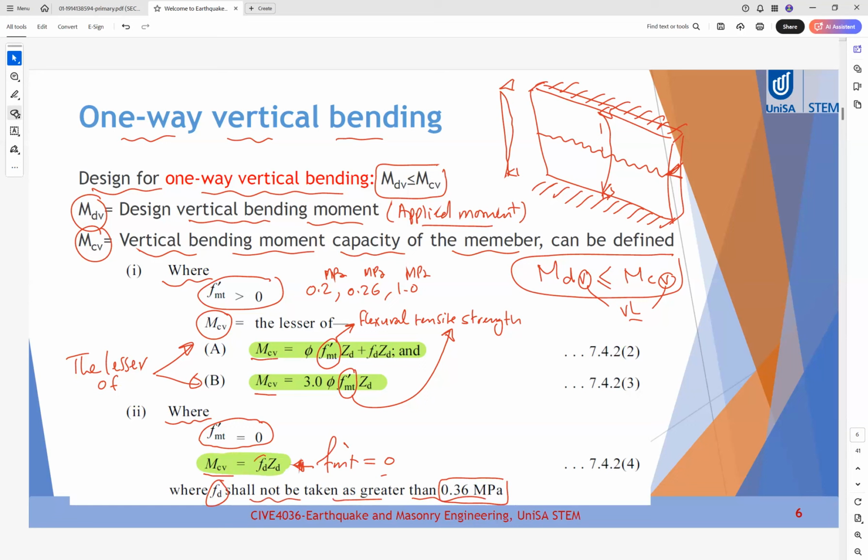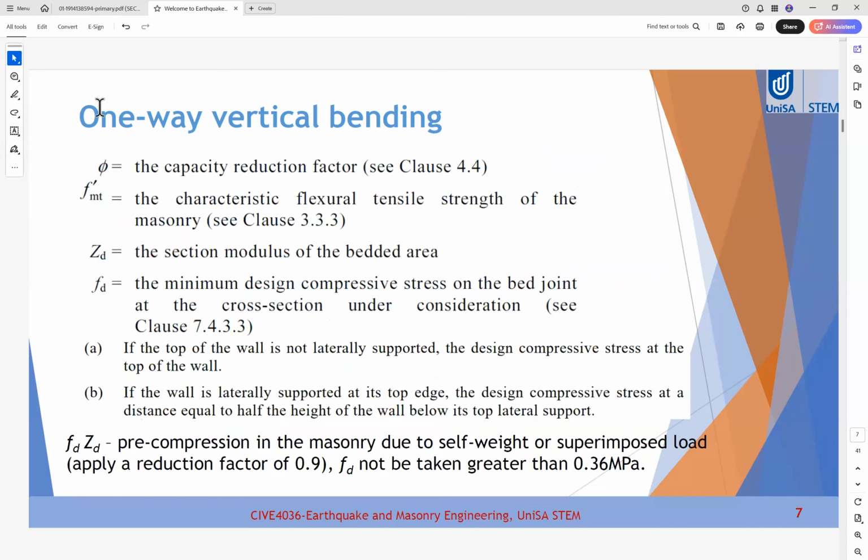So also because we have fd here, fd should be not more than 0.36 MPa. So this is the value of the fd. Let's see the definition of the parameters given in these formulas. Phi, as you know, is the capacity reduction factor.